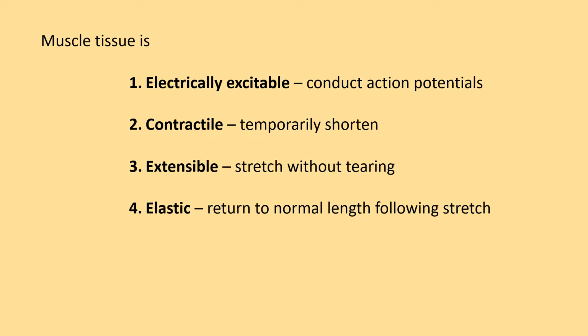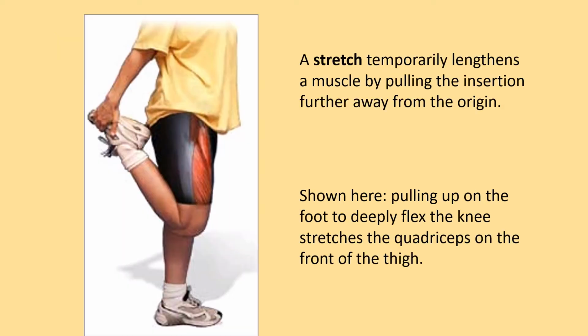If you try to pull on a piece of paper, it will tear. But muscles are extensible and elastic. Elasticity is a physical property where, following stretching, a substance will return to its normal length. So let's take a closer look at what it means to be extensible and what it means to be elastic.